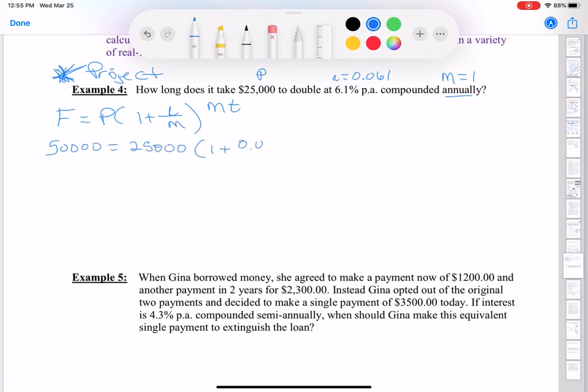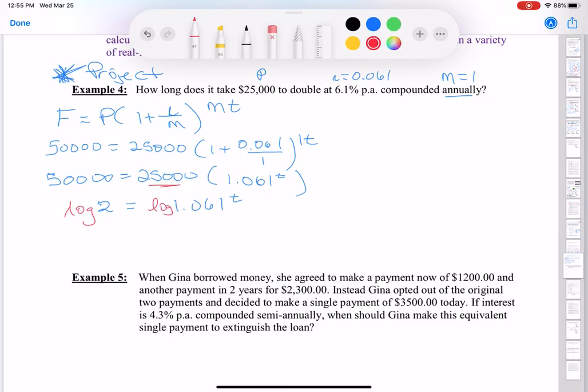We'll substitute everything into our formula, and we will do our first step, which is to clean up the brackets. We will do our second step, which is to divide by the 25,000. So 50,000 divided by 25,000 is 2. Then we will take the log of both sides and bring our exponent down to the front.